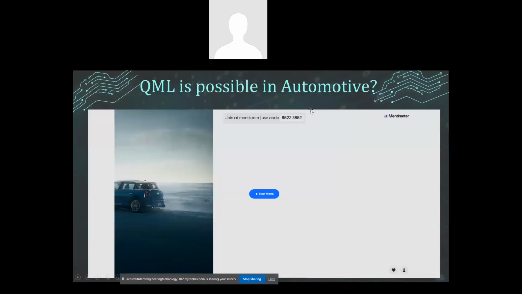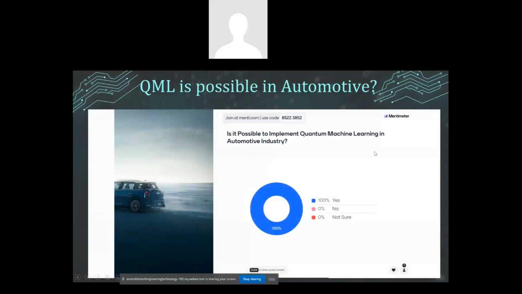So is quantum machine learning possible in automotive? We are seeing different applications like finance, drug discovery, logistics, cyber security, which we have seen earlier, different industries where we can implement quantum machine learning. But whether it is possible in automotive, why?